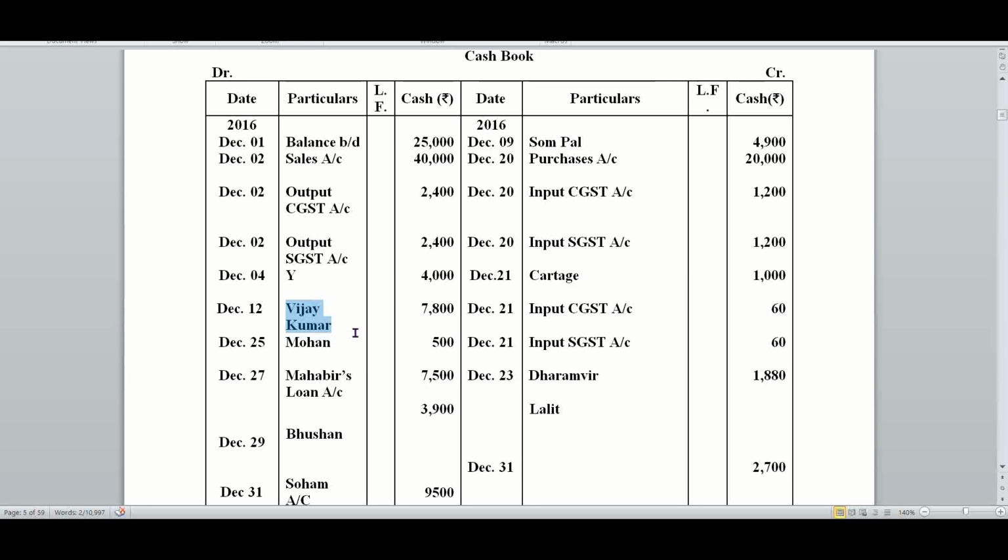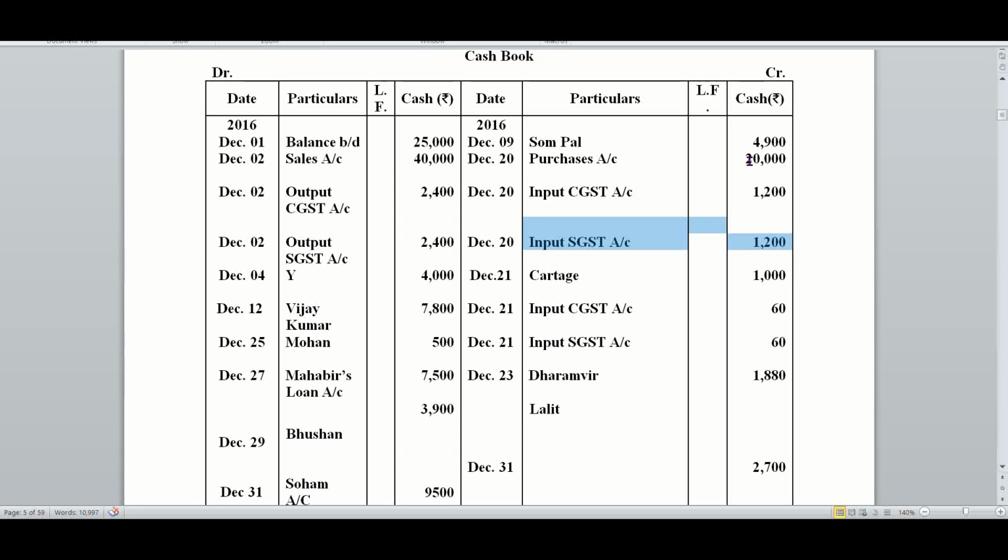Friends, the journal entry will be, you can write on December 20: purchase account debit 20,000, input CGST debit 1200, input SGST debit 1200 to cash account, because it is a cash purchase.